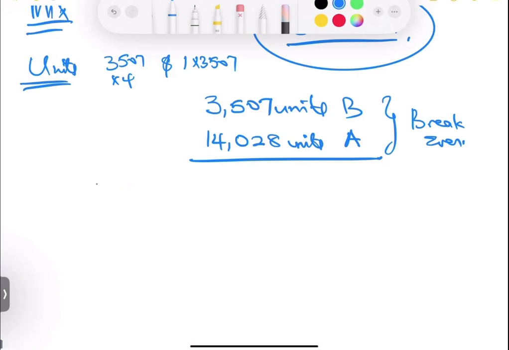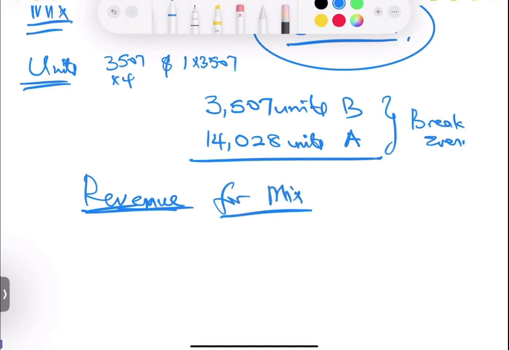So that's for units. Remember, after units, we also did revenue yesterday. Now we're going to be doing the revenue for mix. So the question is, we are looking at multiple products and we're asking ourselves, how much revenue do we need to break even?